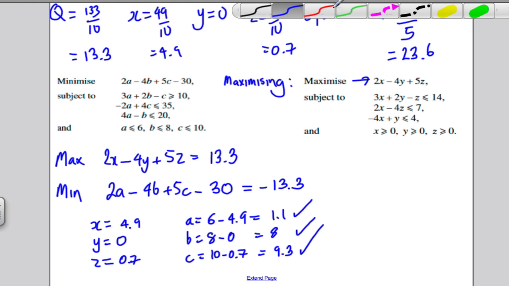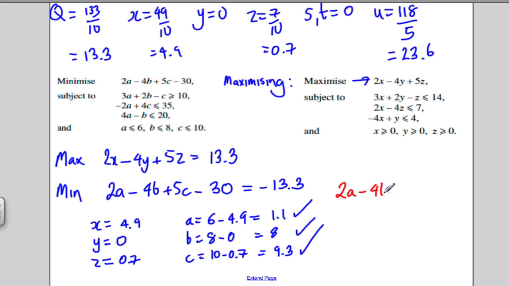At this point, let's just double check that all made sense. What is the value of 2a minus 4b plus 5c minus 30? Okay, well, 2 lots of 1.1 is 2.2. 4 lots of b, well, 4 lots of 8 is 32, so minus 32. 5 lots of c, well, c was 9.3, so 5 times 9.3 is 46.5, so you're going to add 46.5, and you're going to take away 30.